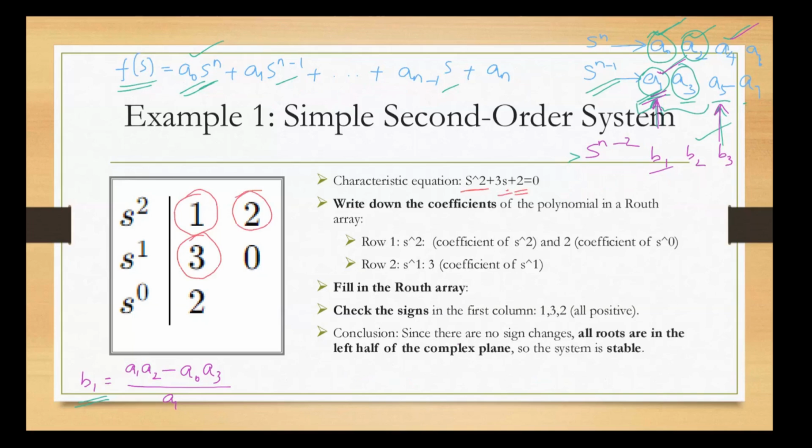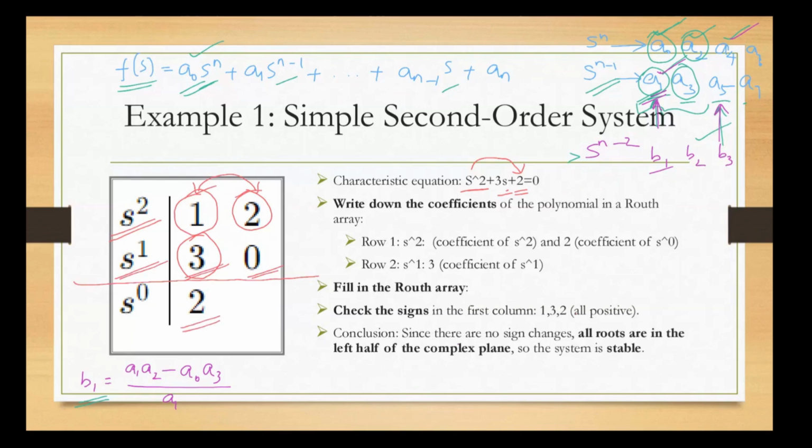The highest element is the s square term, so we start with s square and then alternate. Then s raised to 1, 3 is the coefficient, and all the rest of the elements are 0. Now we have filled the first two rows.